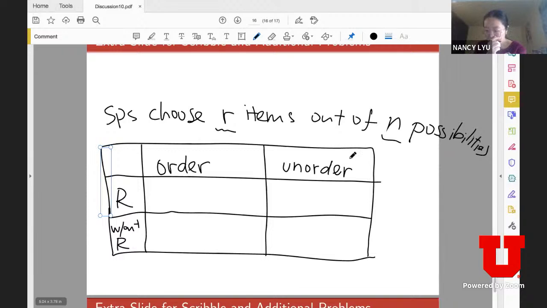Okay, so how do we name it if something is ordered and repetition is also allowed? What do we call it? It's just an ordered list. And then what about something that is unordered and you can have repetition?